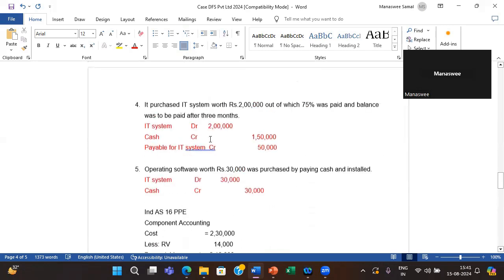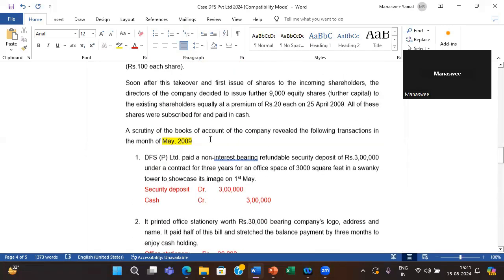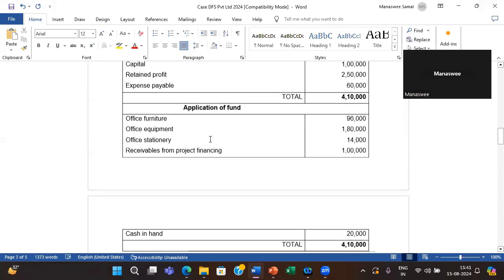Somehow I'm missing the amounts. Please allow me to go there. Old depreciable assets are office furniture and office equipment, 96,000. 96,000 has to be reduced to zero over 2 years. So per annum it is 48,000, then per month it works out to 4,000.